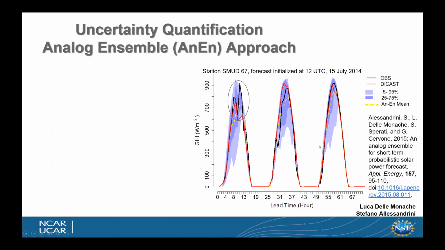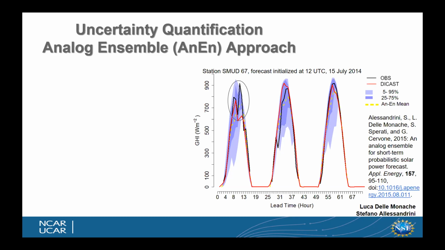As I mentioned before, the end user also wants a probabilistic forecast. They want to quantify the uncertainty, especially on those partly cloudy days when they want to know whether they need to have combined cycle gas units at the ready when solar power drops.